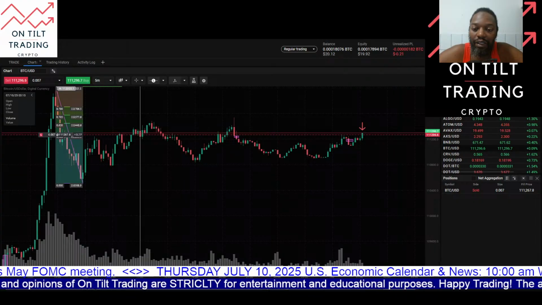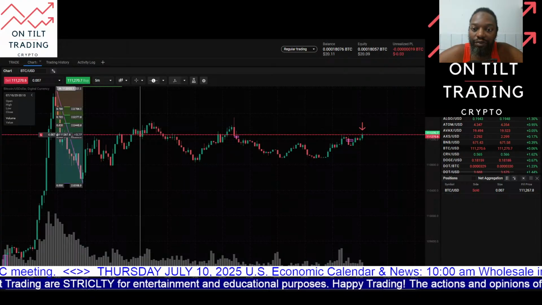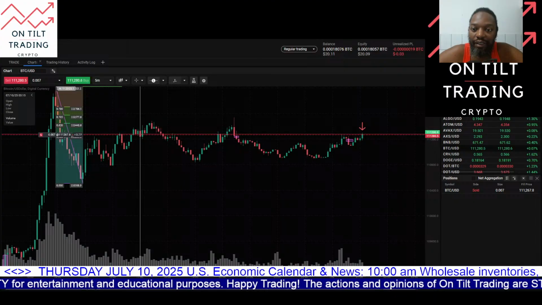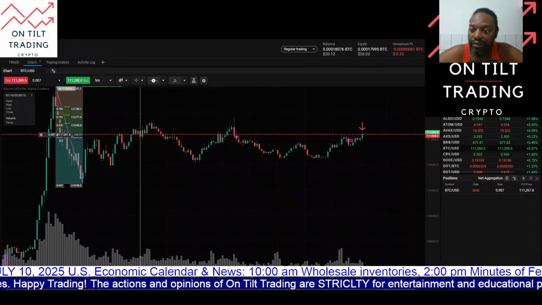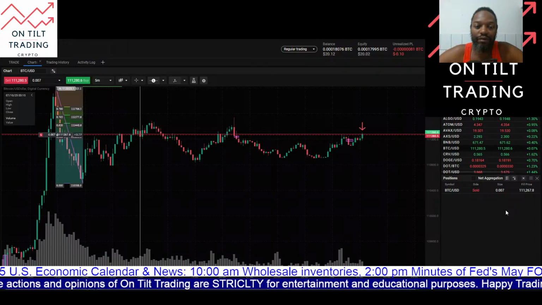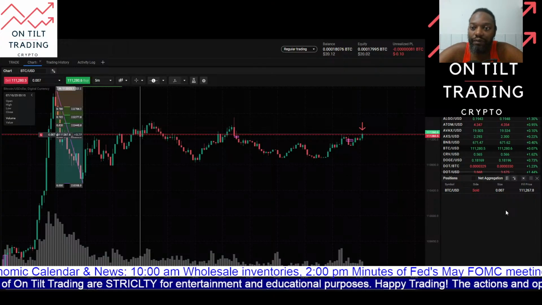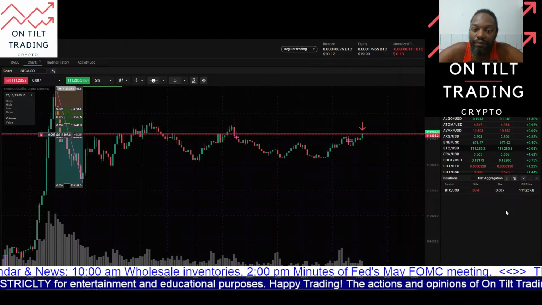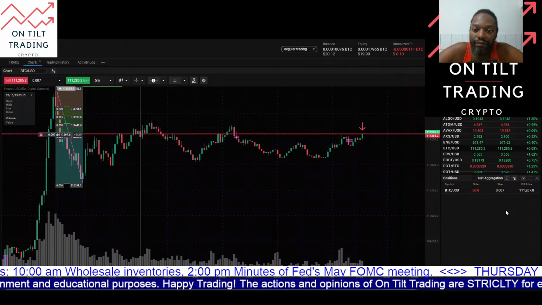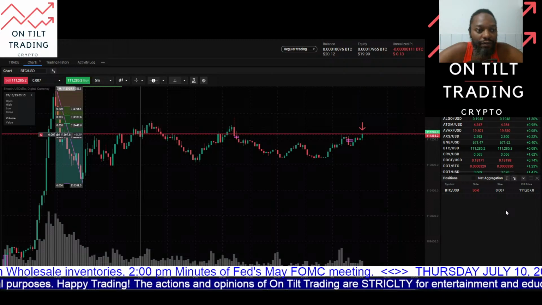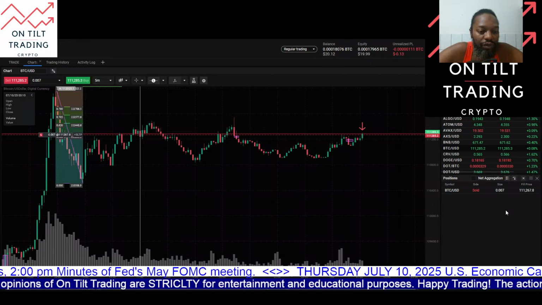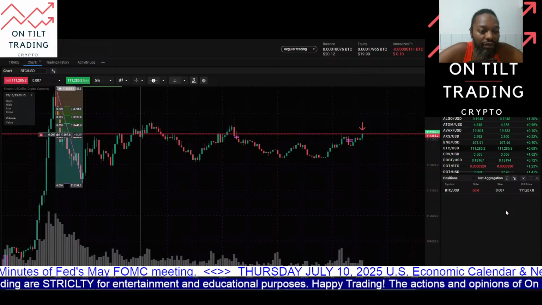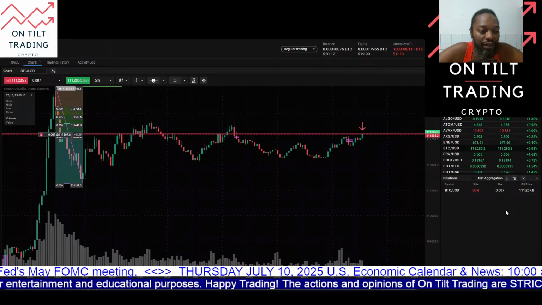Any buy side liquidity that was resting above this high here has now been swept, taken out. So limit order entry was 111,266.6.